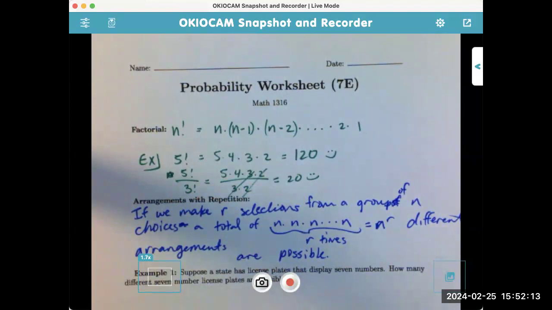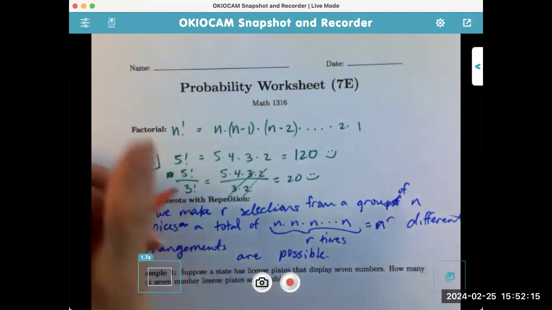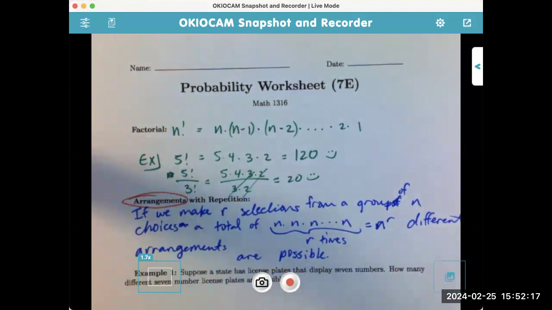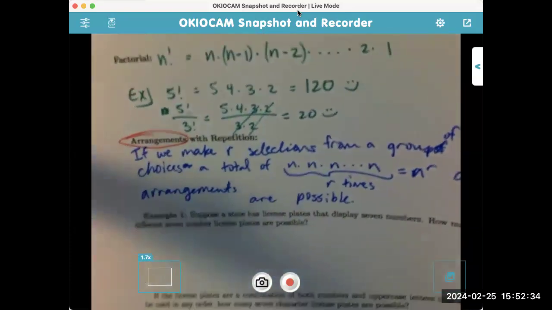Arrangement is a really big key word here. Arrangement means you put it in a specific order. Like a password is an arrangement. It's not willy-nilly. You put them in a specific order. If your password is 1234, then you cannot expect 4321 to unlock whatever it is you're trying to open.